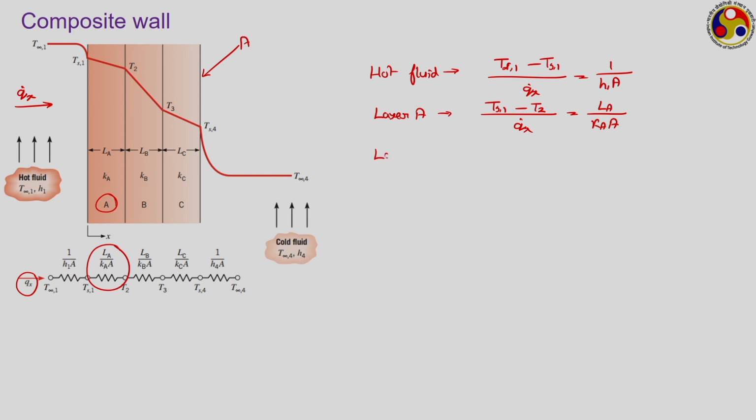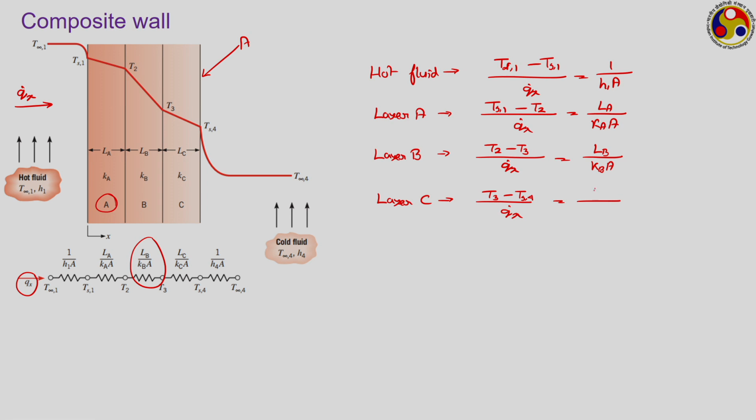Then layer B, prevailing temperature difference is (T2 − T3)/Q̇x, that should be equal to LB/(kB A), which refers to this second resistance. Then we have the third layer, layer C. It is having temperature T3 on one side and Ts4 on the other side, and Q̇x.